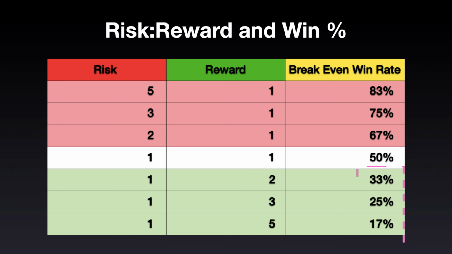Some days the market will be volatile enough to make those significant moves, and some days the markets may be a little bit stagnant where we only see small moves. So it's kind of expected that you'll have a lower win rate when always using positive risk rewards. But the key to being profitable using this type of risk reward profile is to have a win rate that is higher than the break-even win rate.